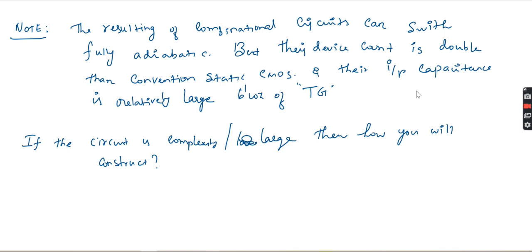As I mentioned, the result of combinational circuits will be fully adiabatic, there is no doubt in that. But the number of transistors will be more, and the input capacitance will be very large.